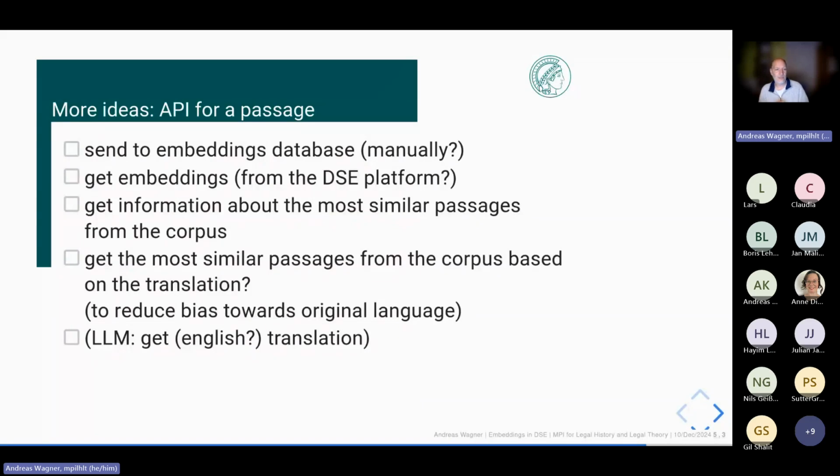Or we could provide a translation. That's also a possibility for an API for a passage, and then maybe calculate the similar passages based on the translation, so that there's no bias towards sources that happen to be in the language that the original text was in, but that it's more language neutral, maybe.